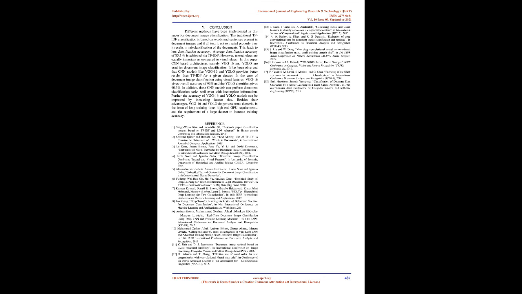In addition, these CNN models can perform document classification tasks well even with incomplete information. Further, the accuracy of VGG16 and YOLO models can be improved by increasing dataset size. Besides their advantages, VGG16 and YOLO do possess some demerits in the form of long training time, high-end GPU requirements, and the requirement of a large dataset to increase training accuracy.